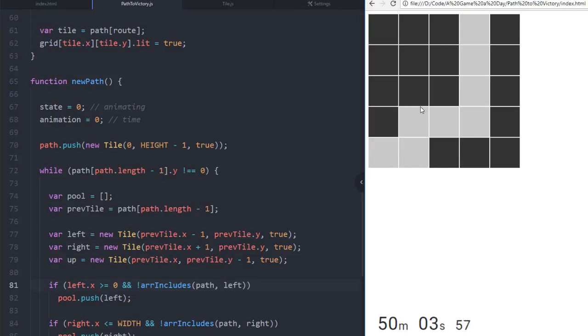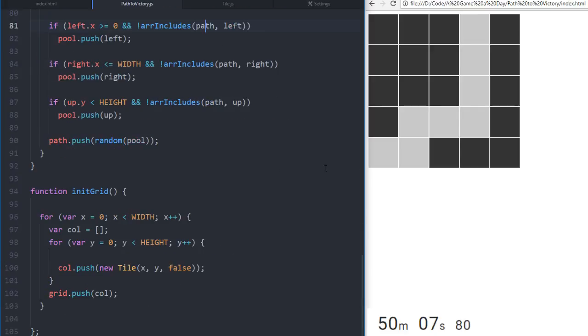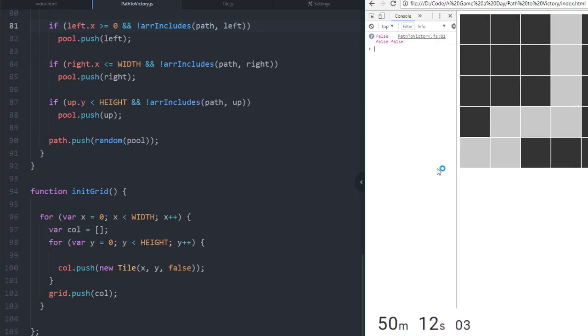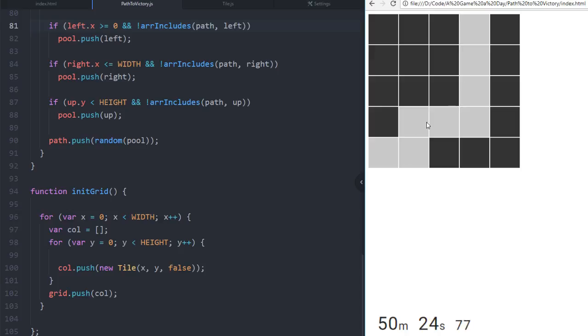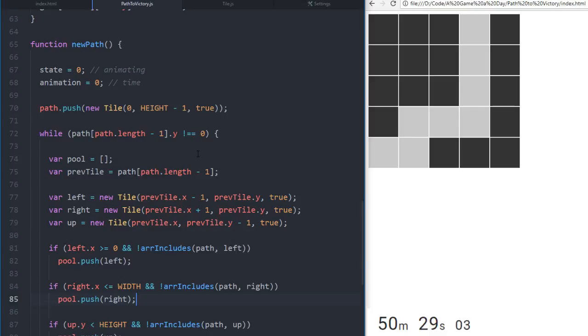Okay, so now we have a unique path, whatever you want to call it. Now we simply need to, here, let's hit F12. Let's look at path. Let's look at the last square on path. X is 3, Y is 0. Awesome. So now, this is completely fine.